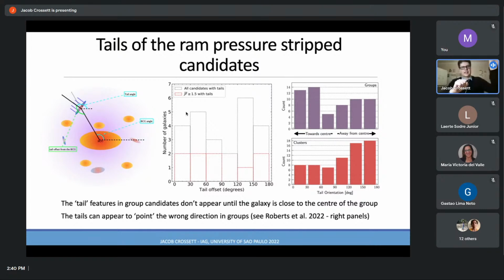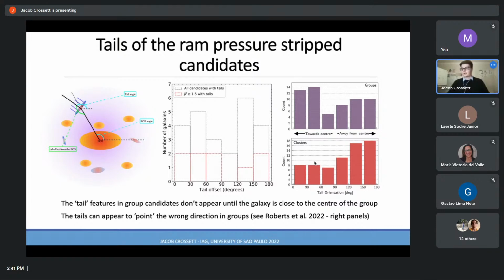And this suggests that the galaxy hasn't experienced RAM pressure until it's very close to the BCG, and as such has gone past the BCG when the tail is formed, such that the tail is pointing towards the center instead of away from the center. So that's a nice little thing we see in the groups that we don't see as often in the clusters.